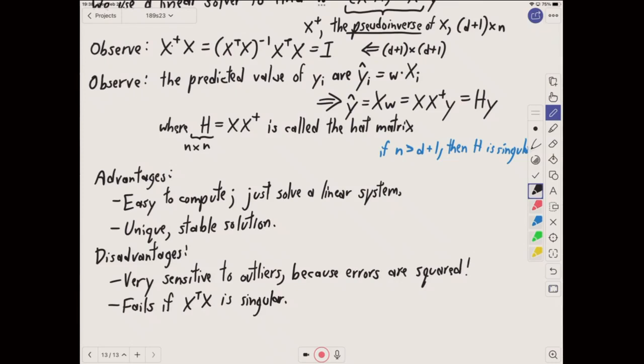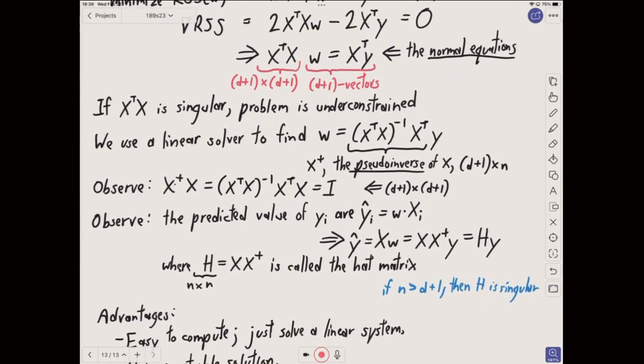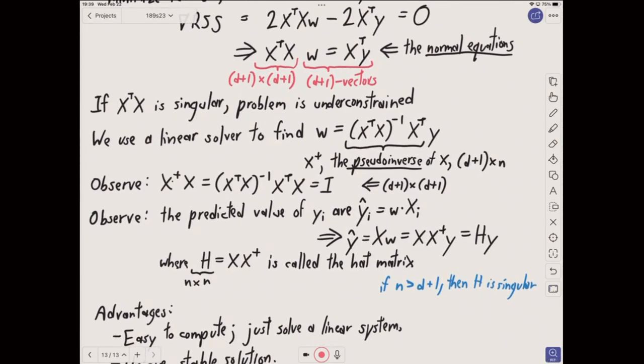Question there? If the pseudo-inverse always works, how can we what? Oh, I'm sorry. I left out a key piece of information, which is that when X transpose X is invertible, then yes, this thing is the pseudo-inverse.